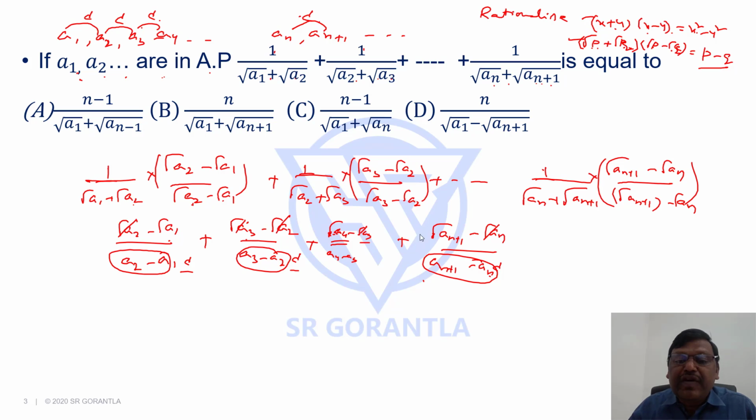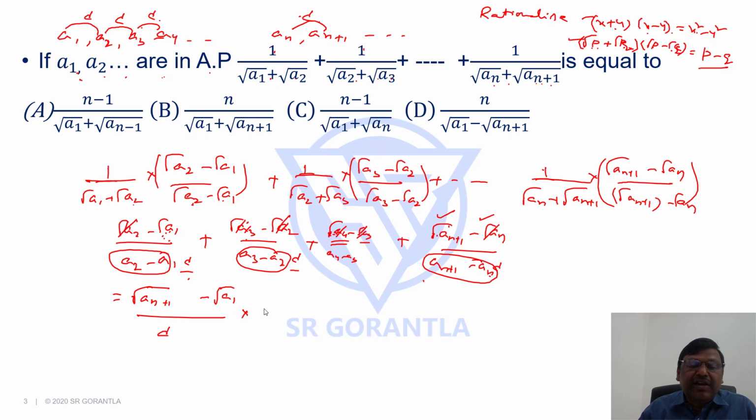So what will be left over here is root an plus 1 minus root a1. All other terms will get cancelled if you write all the terms. So the bigger term, root an plus 1, minus the smaller term root a1, by d is left over.